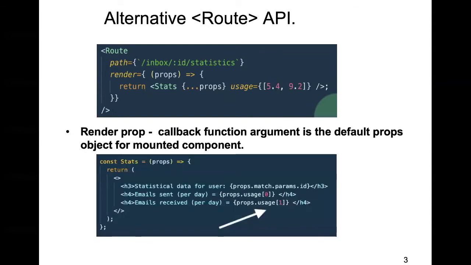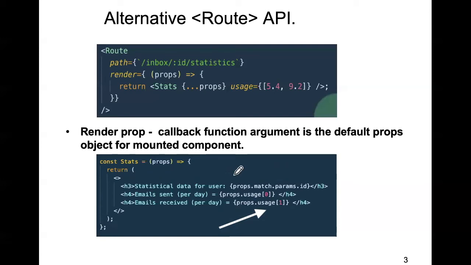And here is my stats component now at the bottom. And of course, I can now do props.usage. I can access my custom props. And here's the prop that I'm actually, what is it doing? It's pulling off the user ID or the inbox ID from the URL. This would not work if I had not done this up here, you see.